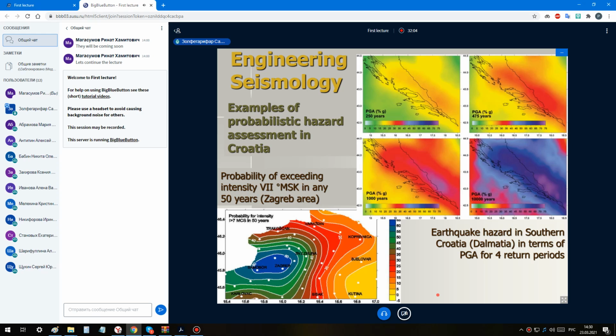Also PGA in percent g for 475 years. Also another one shows 1900 years, with PGA as coloring contours showing earthquake hazard in southern Croatia or Dalmatia in terms of PGA for 4 return periods.